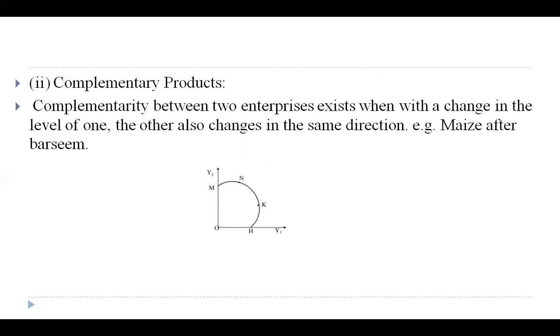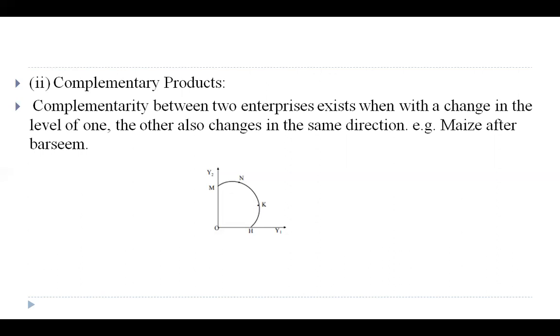Now, second point is related with the complementary product or complementary enterprise. Okay, so what is the definition of complementary enterprise or complementary product? Complementary relationship between two enterprises exists when, with the change in level of one, the other also changes in the same direction. For example, maize after bursting.